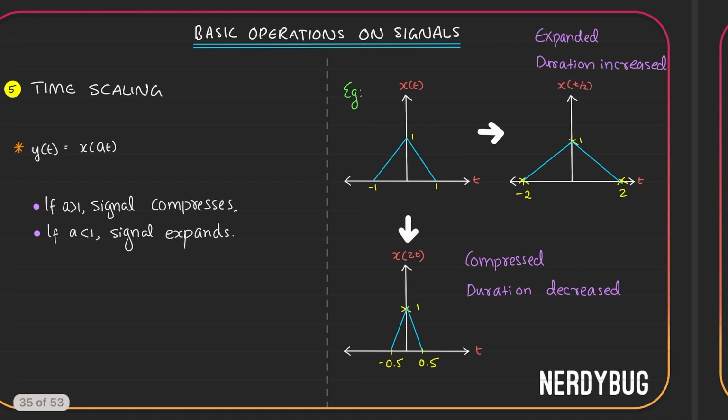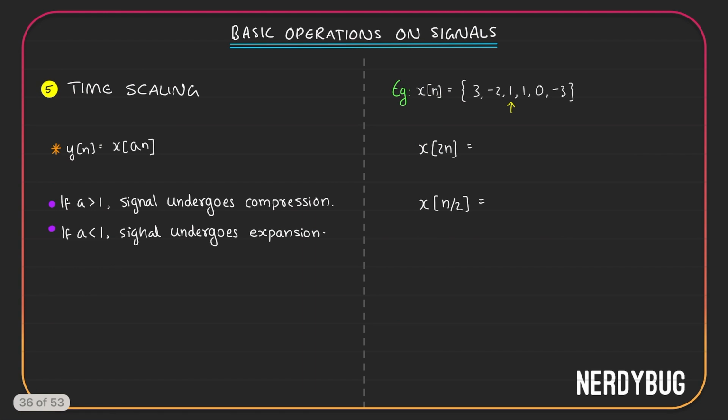Let's do a similar thing with a discrete time signal. So y of n is x of a times n. For example, we have x of n as 3, minus 2, 1, 1, 0, minus 3, and the 0th term is 1 over here. First, let's take x of 2n. At n equals 0, I will get x of 2 times 0, x of 0.